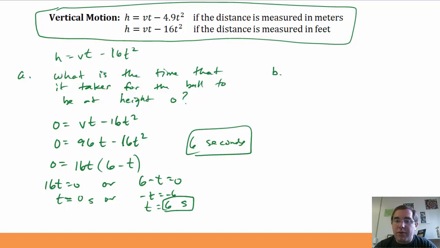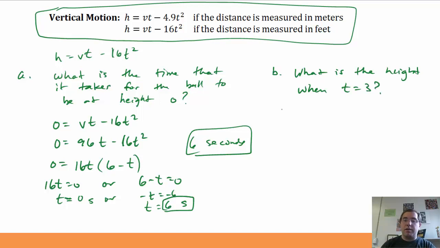So what we are really asking in part B is, what is the height when t equals 3? So at 3 seconds, what is that height? What is that point at which the ball is turning around? So we're going to take our equation, h equals 96t minus 16t squared, and we're going to let t equal 3.